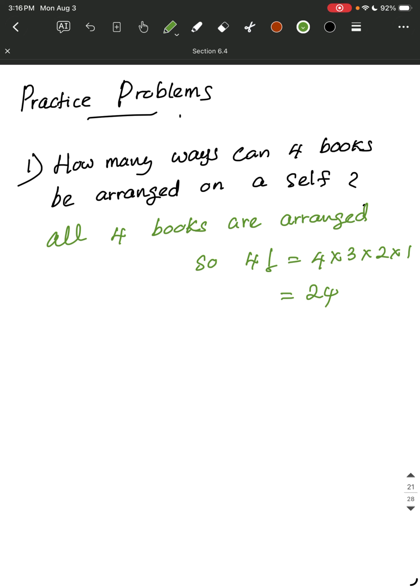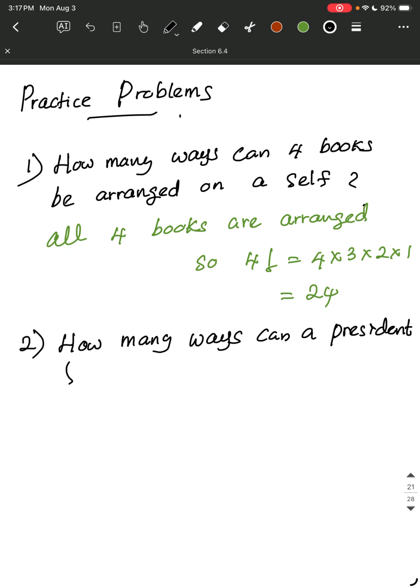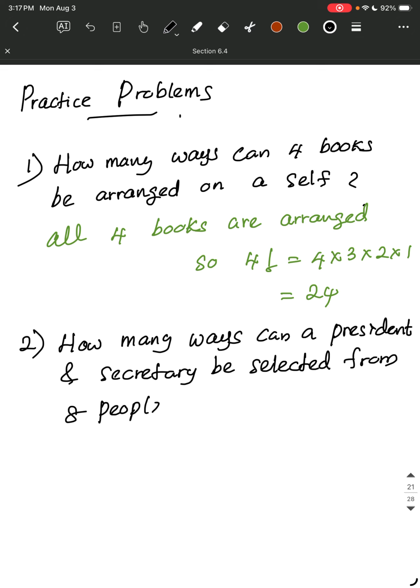Practice number 2. How many ways can a president and secretary be selected from 8 people? So positions are different. Use permutation.